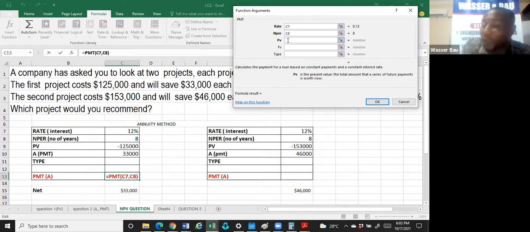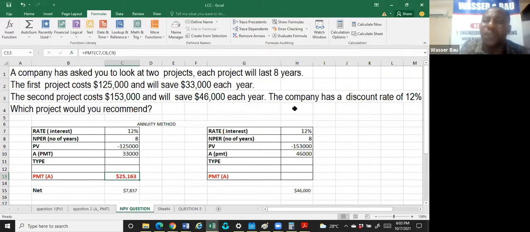The present value of the cost is 125. It means the money per year is 25,000 naira. What it means is that either I invest 125,000 now, or I am paying 25,000 every year for the next 8 years. Who didn't understand it? All right.